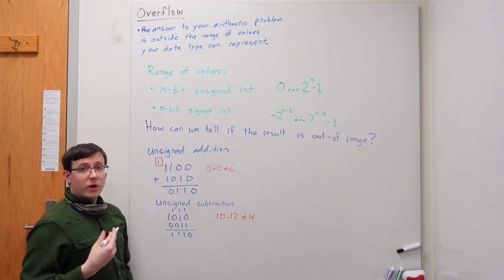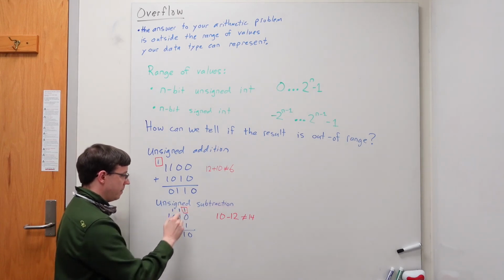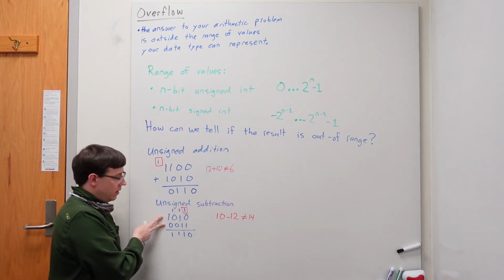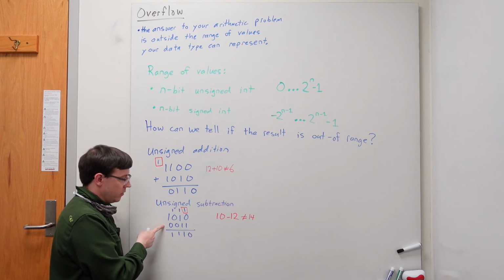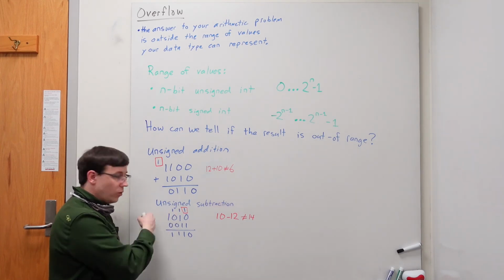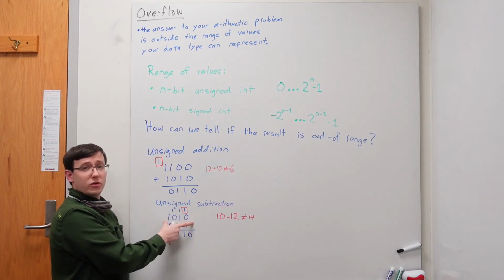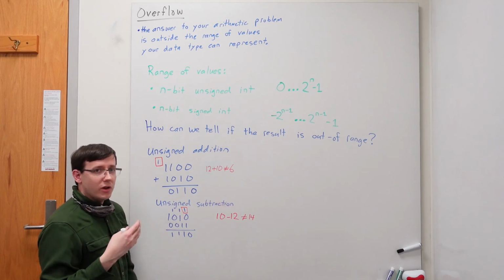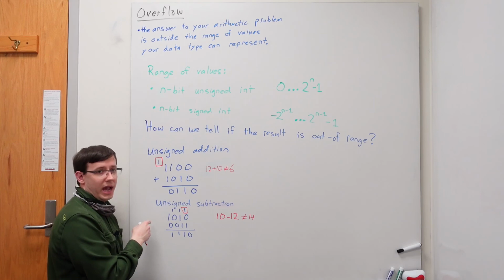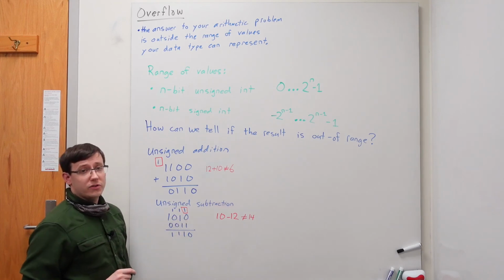And so here, when we were doing a subtraction problem, we had a carry in, and then we actually added two numbers. And so if we're adding two numbers, and those numbers are both positive, if we don't have a carry out, then the result is going to be bigger than either of the two numbers that we were adding. And so actually the only way we can get a correct answer is if there is a carry out the end that allows us to get a result that was smaller than the number that we started with.